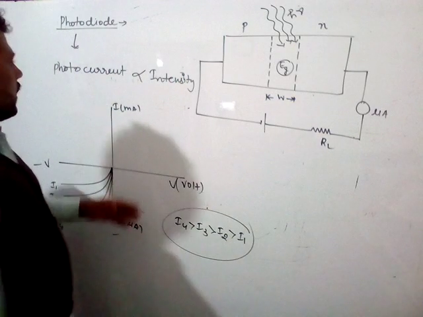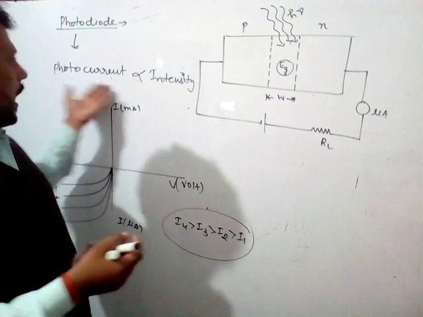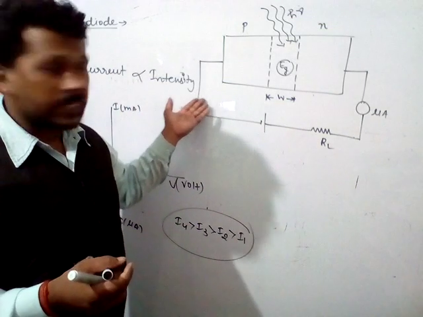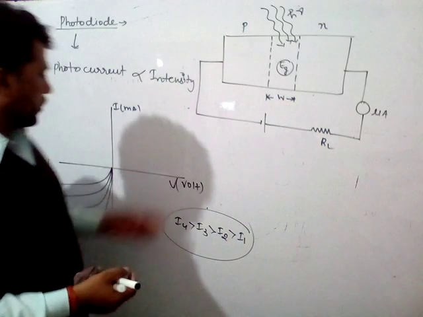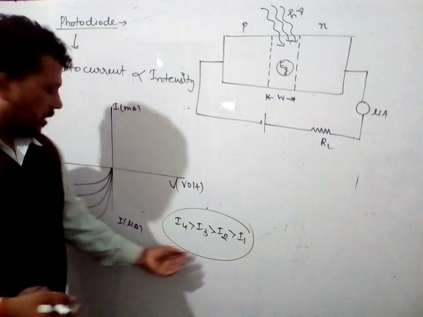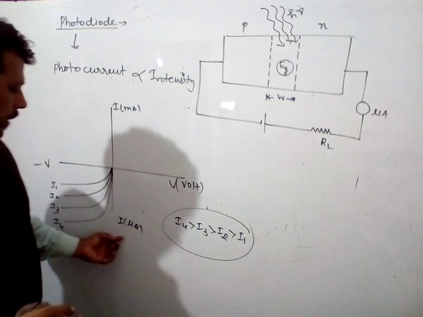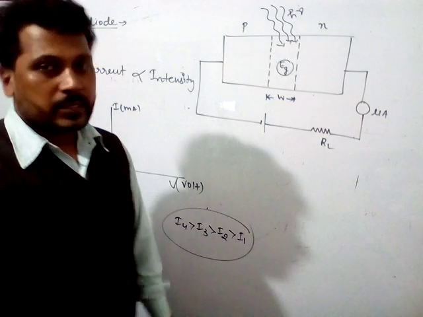This photocurrent flowing in it is directly proportional to the intensity of the light falling on this depletion layer region. So in this way the current increases continuously in reverse biasing, in the order of microampere, as shown in this curve. Okay, thank you.